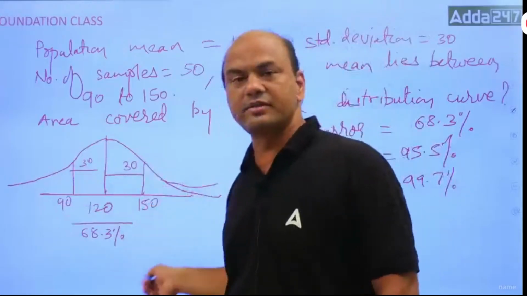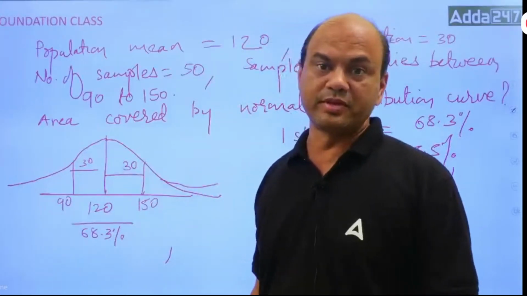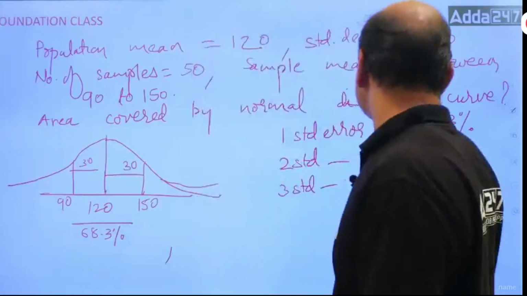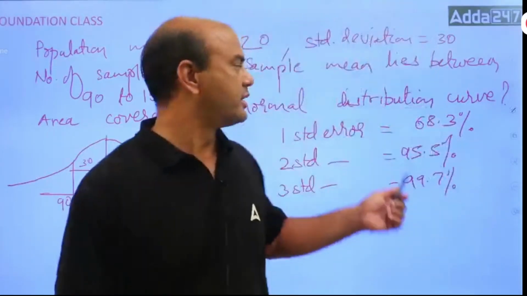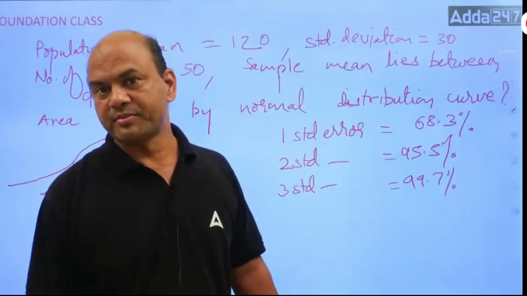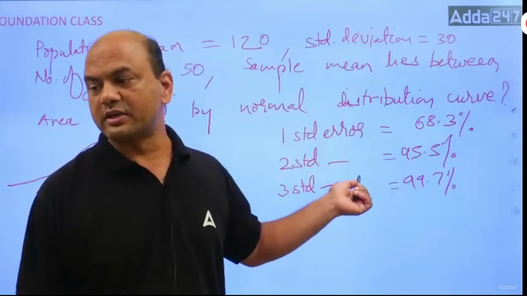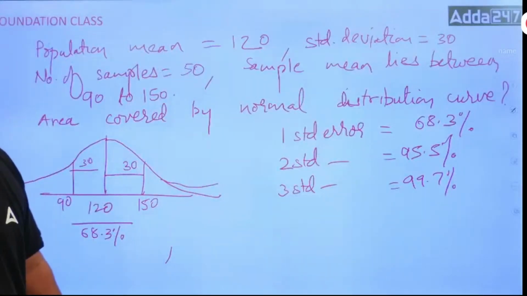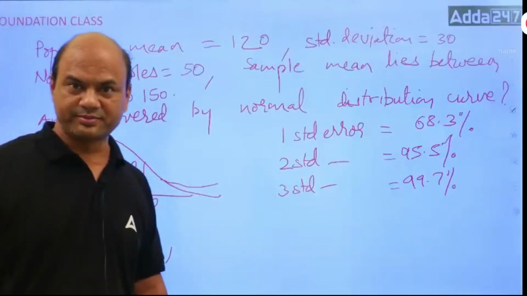You'll have this curve now. Here you will have standard error. Here you have confidence level. See this, confidence levels: 68.3, 95.5 and 97.7%. 1 standard error, 2 standard error, 3 standard error. All these you are having. Don't think it's easy.